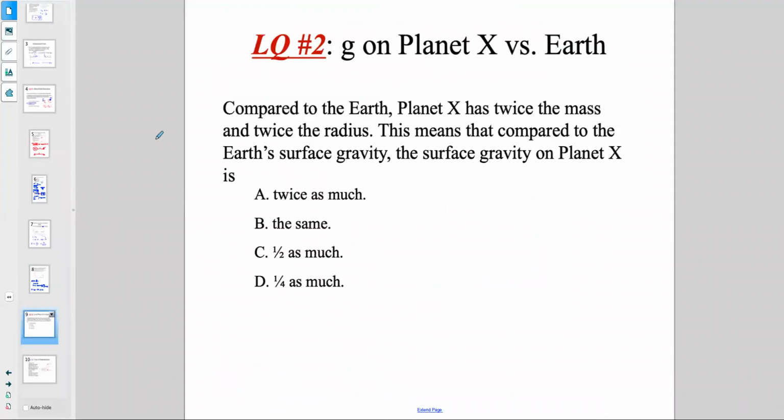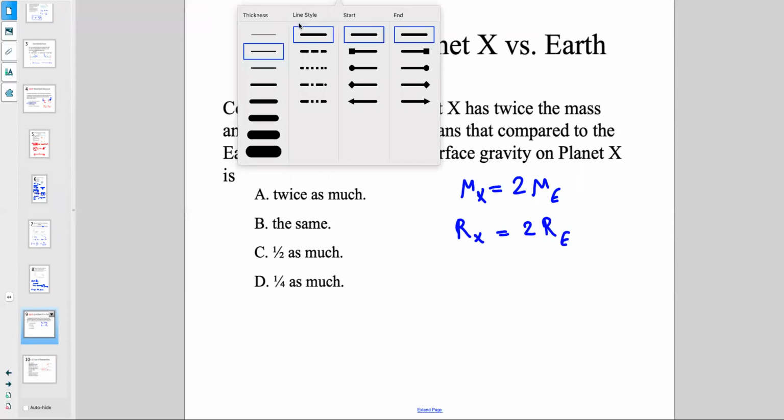Compared to the Earth, planet X has twice the mass and twice the radius. So m of X is 2 m of Earth, and the radius of X is also 2 times the radius of Earth.